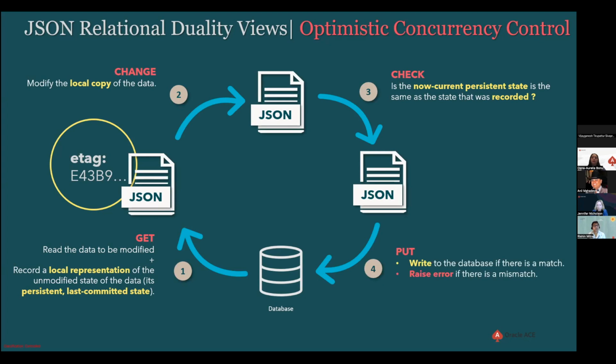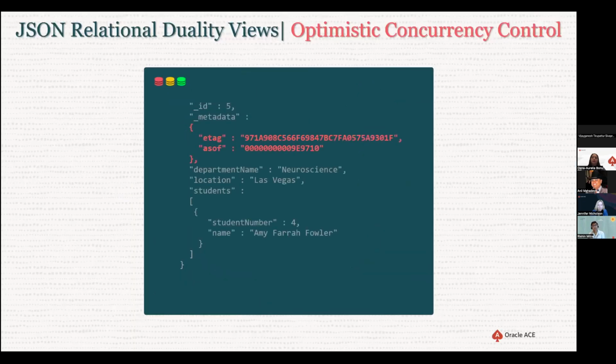If someone has modified the data while session 1 was trying to update it, then it readily raises an error. But if the persistent state matches, then it updates the record in the database, and then you can commit the data. So we'll look at that through an example.